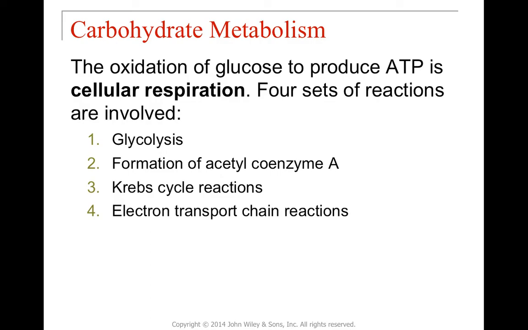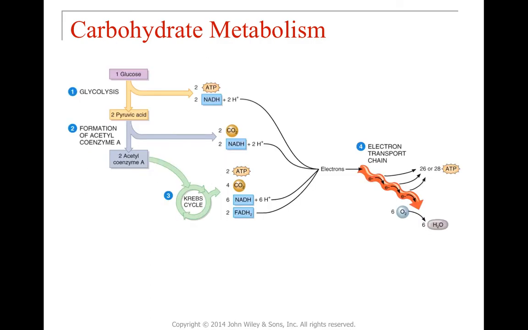So the very first reaction is the glycolysis reaction, whereby we're taking the glucose molecule, we're splitting it in half to make pyruvic acid. So this is the first step, taking glucose, a 6-carbon sugar, and breaking it into 2 3-carbon molecules.